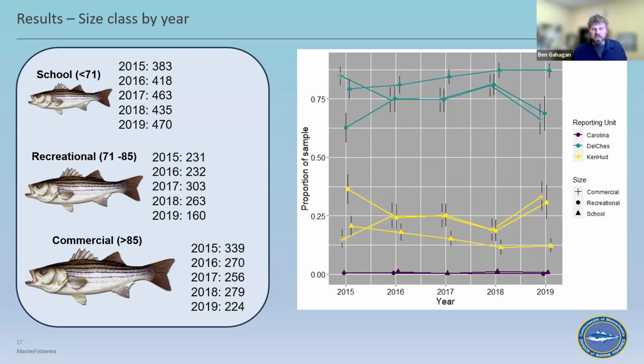So the takeaway regarding the 2015 year class on this slide was that it doesn't seem like the culprit for that rise in 2018, although it is possible that the overall rise from 2016 onward in Delaware Chesapeake reporting unit fish may be related to that cohort. That would be an interesting idea.